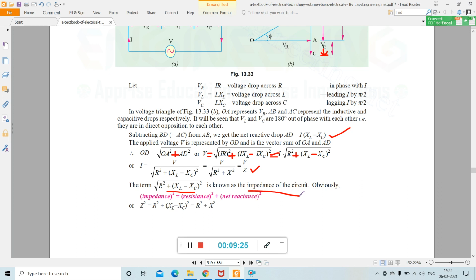So in case of a series RLC circuit, impedance square is equal to resistance square plus net reactance square. So Z square is equal to R square plus (XL minus XC) square, which is equal to R square plus X square. This XL minus XC is our net reactance.